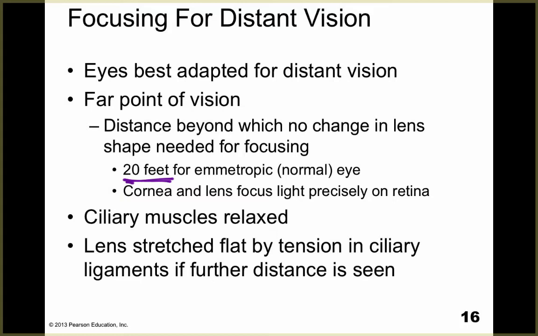That's why when you're reading something and your eyes get tired, you just look off at a distance, because that is a point for which the muscles in your eye that change the shape of your lens don't have to do any work. So basically, the ciliary muscles relax, the lens is stretched flat by tension in those ciliary ligaments, and you can see fine.